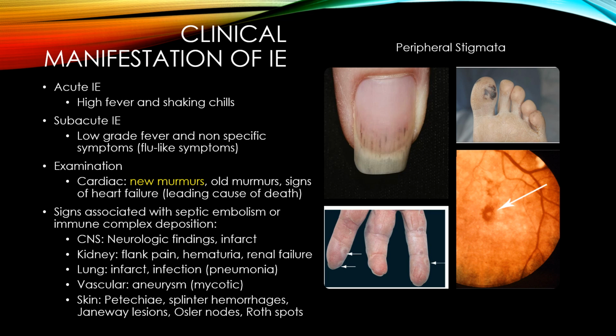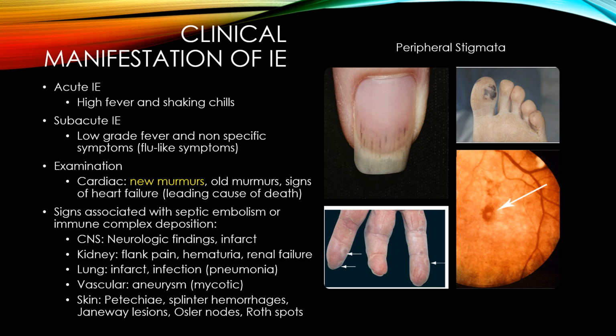And again, any sign of heart failure. This is the leading cause of death for infectious endocarditis, ultimately because, especially in the acute state, it damages the valve enough that you get a regurgitant murmur and you get overloads of volume on a heart that has not had time to compensate.